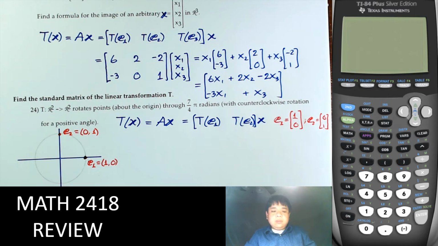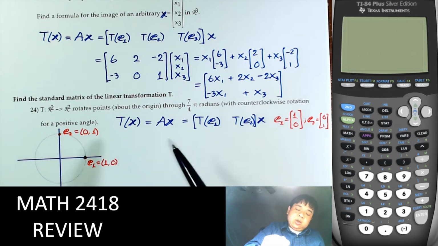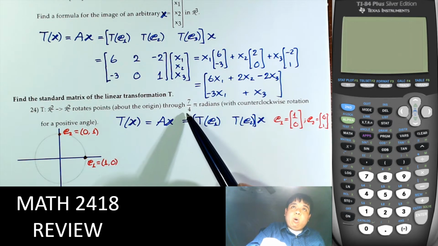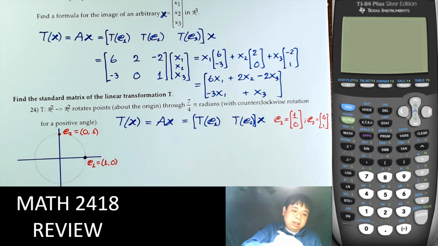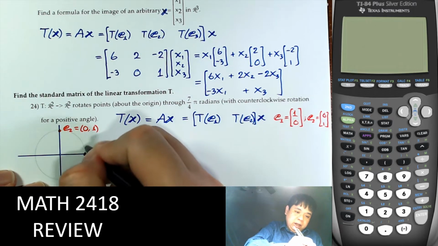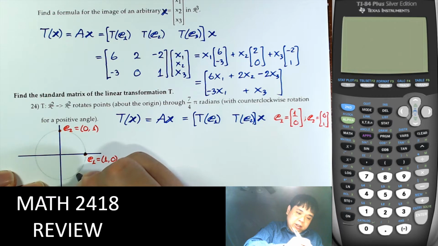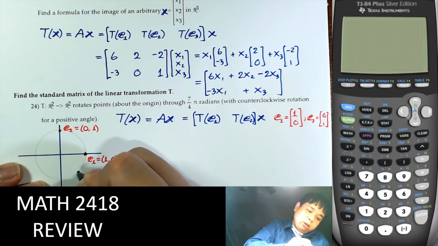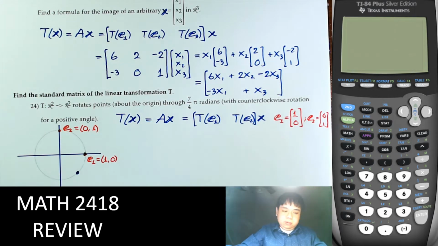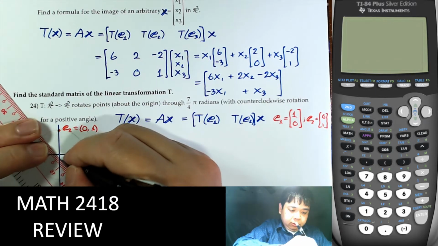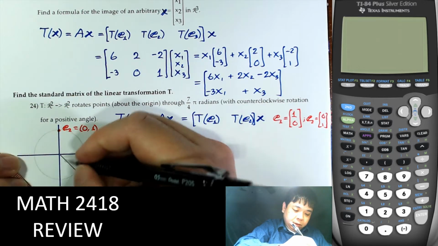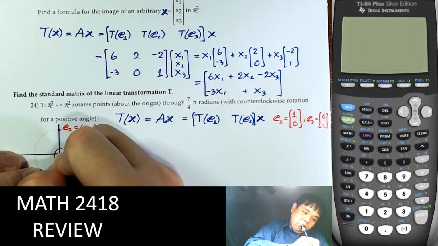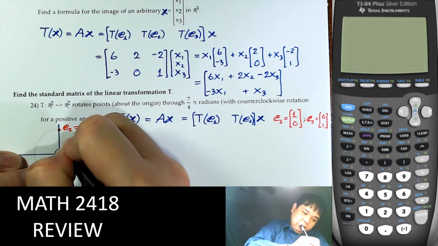Now, the transformation is by the angle 7 pi over 4. If we go from here, 7 pi over 4 will be this point. So this is 7 pi over 4, almost 2 pi.